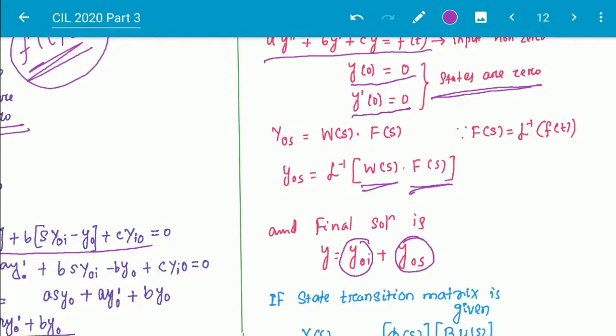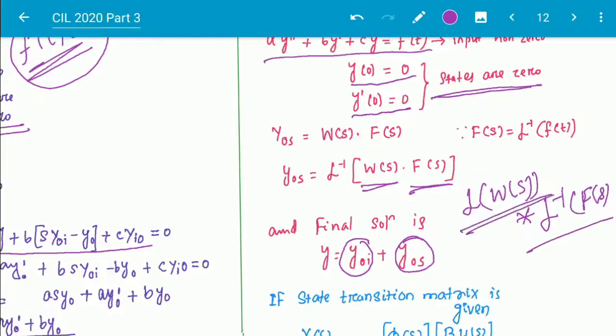It can also be found by the convolution theorem: the Laplace inverse of W(s) times F(s) is the convolution of w(t) and f(t). That means multiplication in Laplace form is equivalent to convolution in the time domain and vice versa.